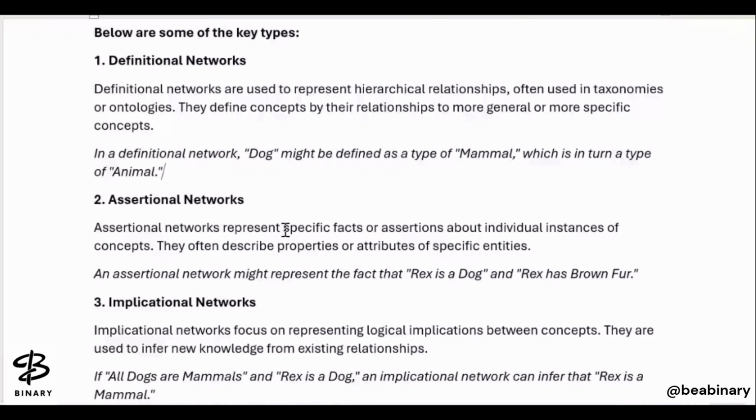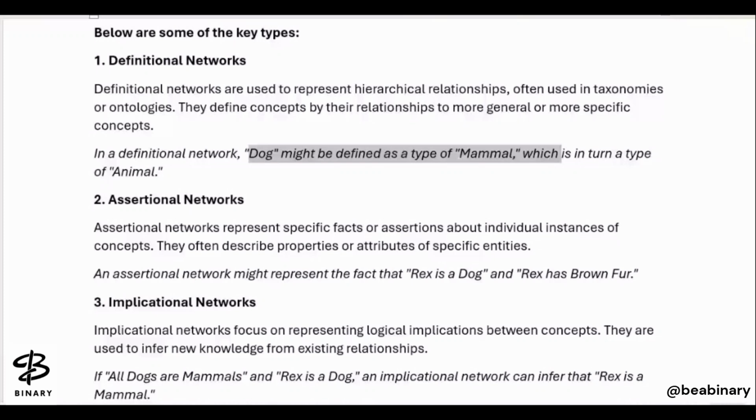For example, an assertional network might represent the fact that Rex is a dog and Rex has brown fur. Again, we are talking about a specific property here. We are now more specific about a dog that we talked about in the definitional network.